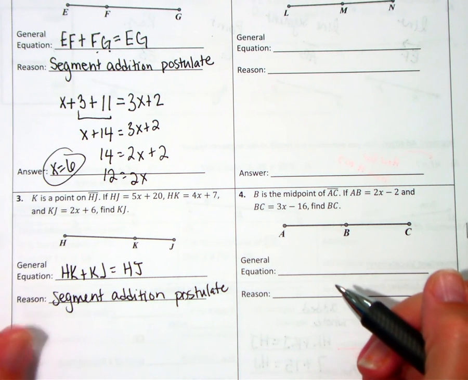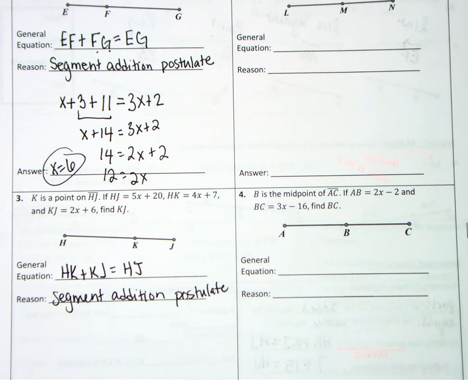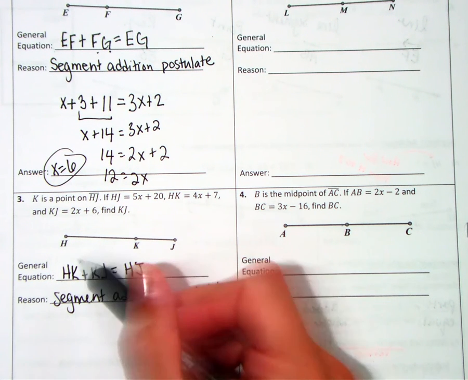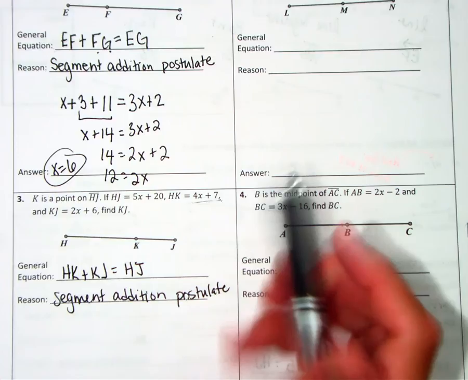Okay, now we substitute it in. Now here is where you have to be a little bit careful, because on purpose I made sure that the pieces that are in the problem do not go in order of the general equation. So when I substitute in, HK is 4x plus 7.